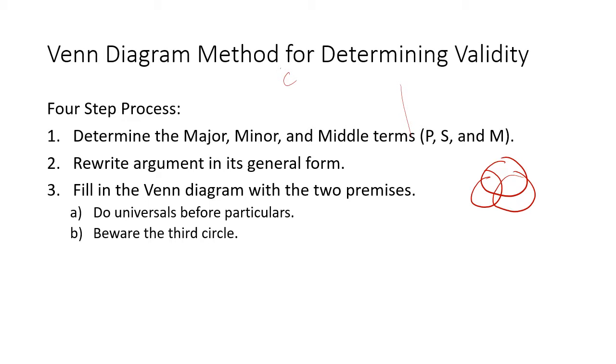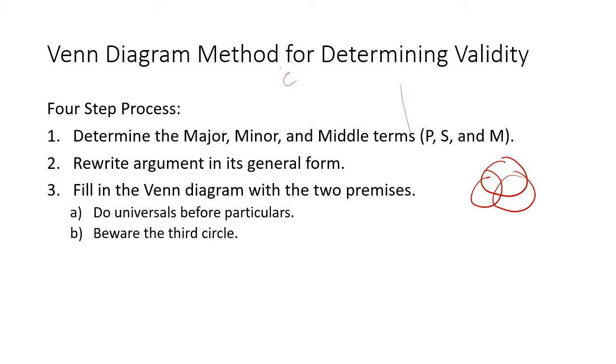And then this is a little bit more difficult because we have this third circle. With two circles, it's more straightforward, but the third circle always makes things a little bit more confusing. So with some examples, hopefully you'll see how this all plays out.